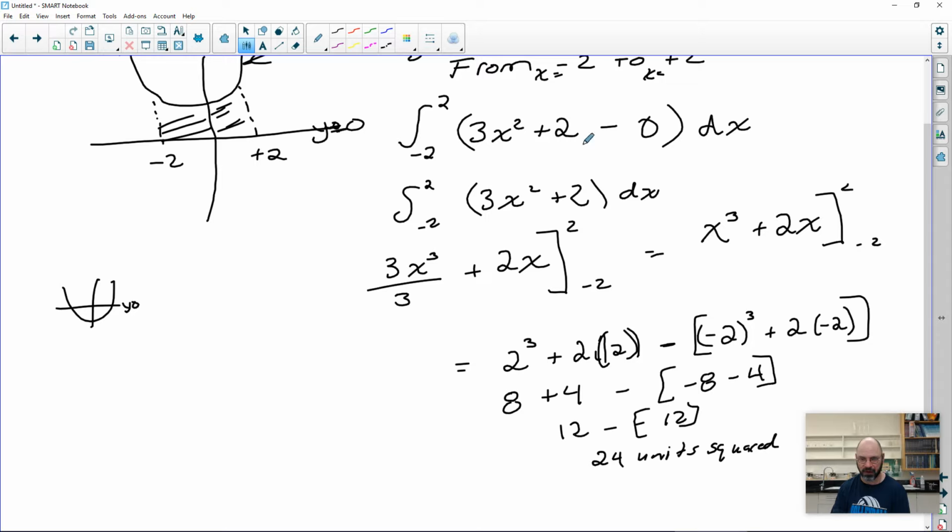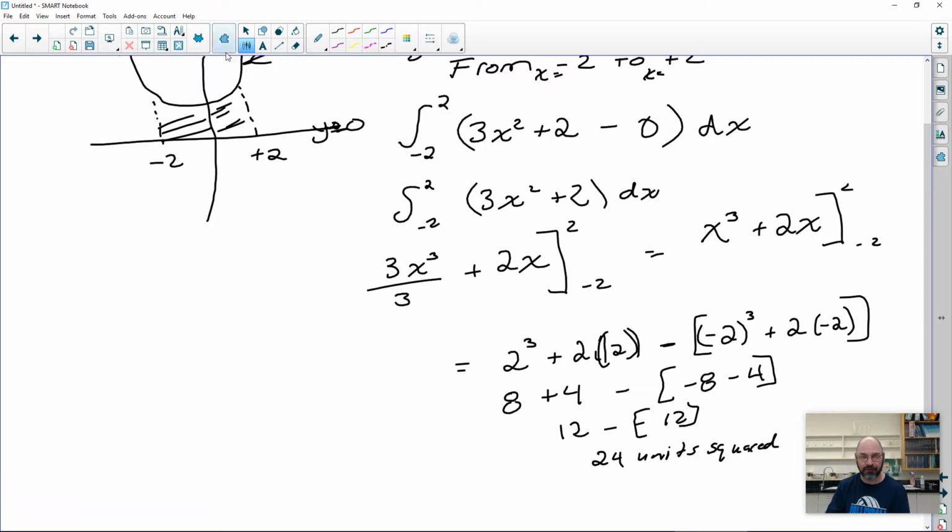You'd start with 0 minus this instead. Just remember that the upper limit always comes first. So you have to kind of figure that out. And if you're not 100% sure, you can always pull out Desmos and put two graphs in, and see which one's on top and which one isn't, to get it visually, or use a graphing calculator or something like that.